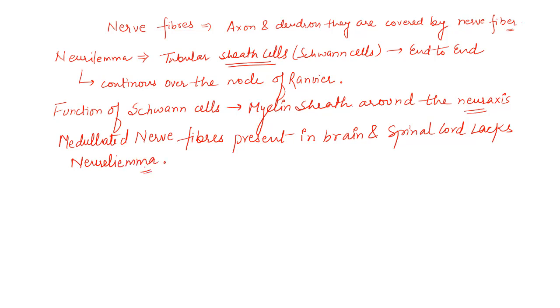Understood? They have an incomplete covering of neuroglial cells. So the medullated nerve fibers of the brain and spinal cord are covered by neuroglial cells, which probably produce the myelin sheath.